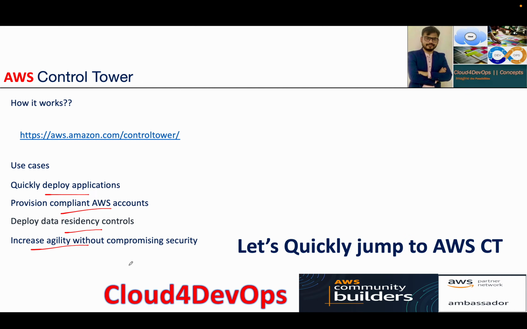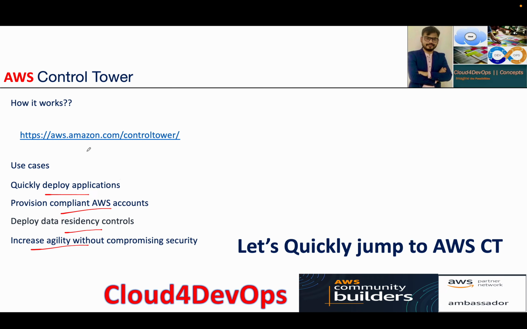I can't compromise with security when I'm working on an on-premises data center or any cloud vendor, right? So security is our first priority, and then from there you can look at other factors like cost, scalability, agility, and everything. But security for me always comes on top.